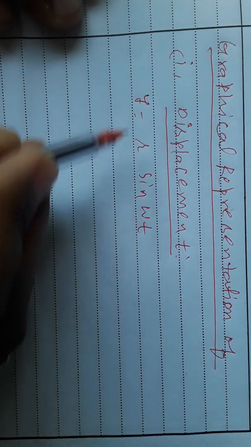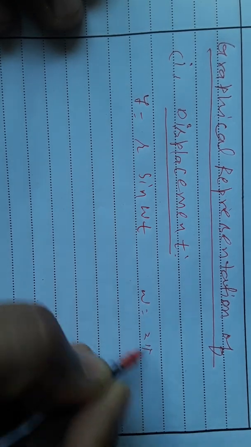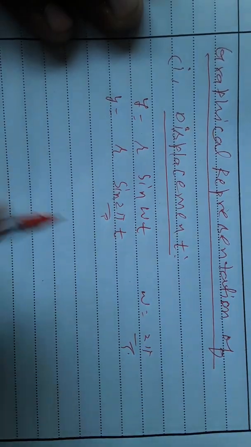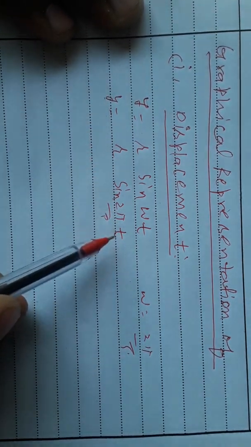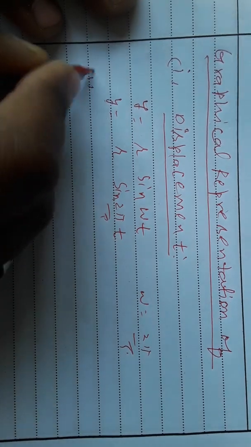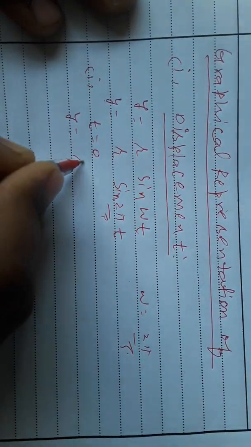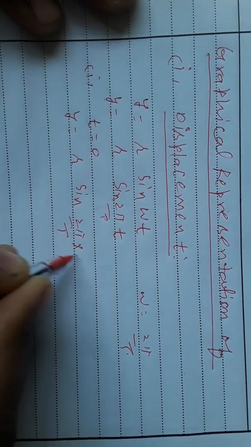For the displacement, we know y is equal to r sin omega t, and we know omega is equal to 2 pi upon T. So we can put the value of omega: y equals r sin 2 pi upon T into t. Now we can take t is equal to 0: y is equal to r sin 2 pi upon T into 0.